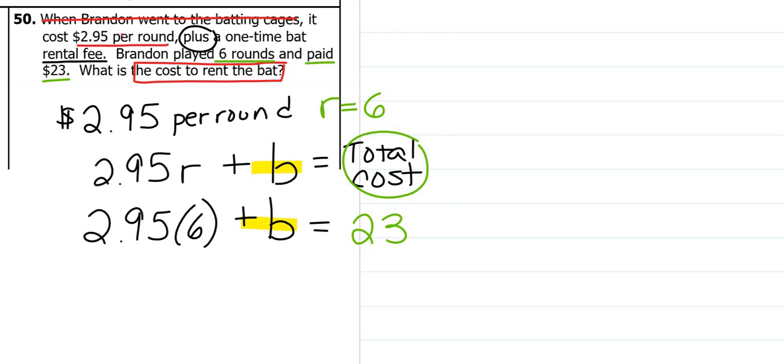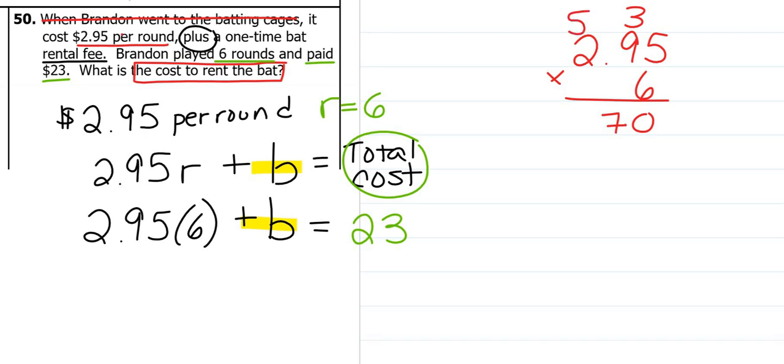2.95 times 6. 6 times 5 is 30. 6 times 9 is 54 plus 3, 57. 6 times 2 is 12 plus 5, just 17.